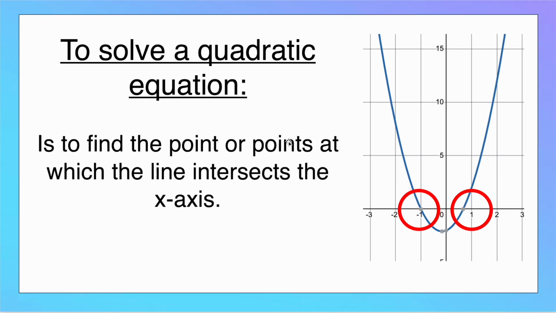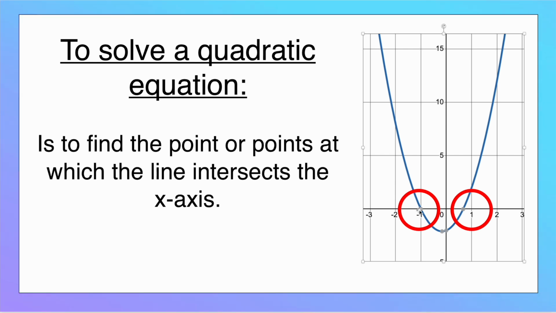To solve a quadratic equation or to solve a quadratic graph, often questions will ask you to solve one, and when it wants you to solve one, it wants you to find out at what points this graph intersects the x-axis. What points does it intersect the x-axis?